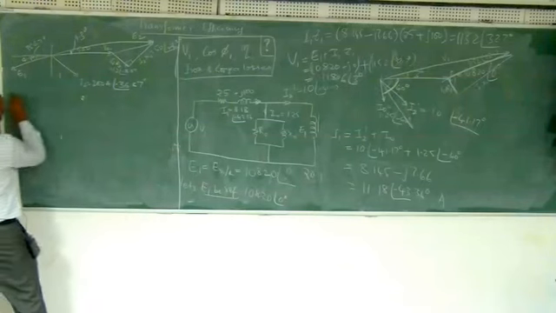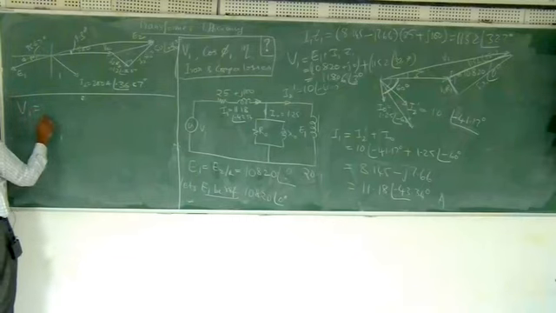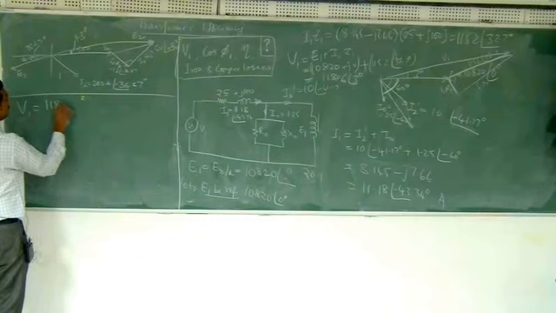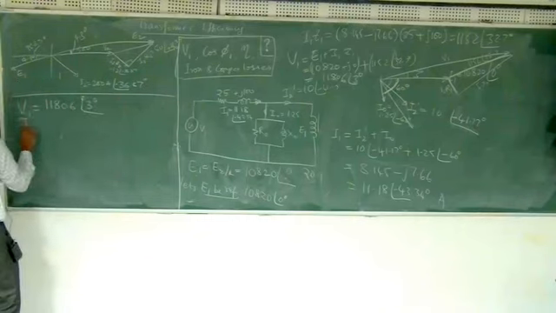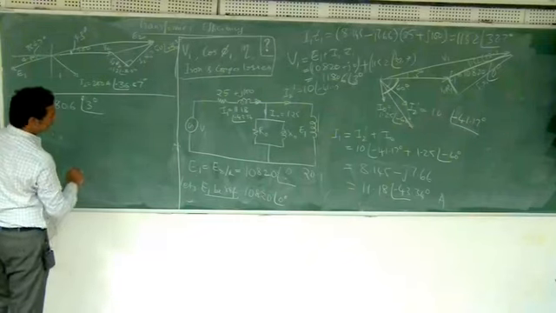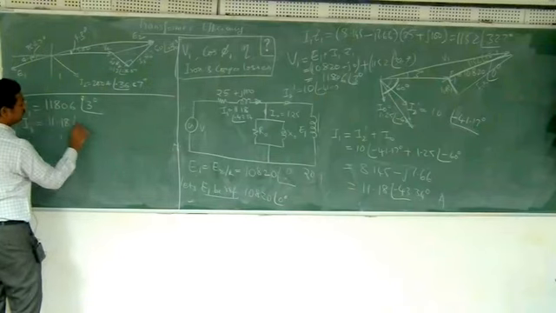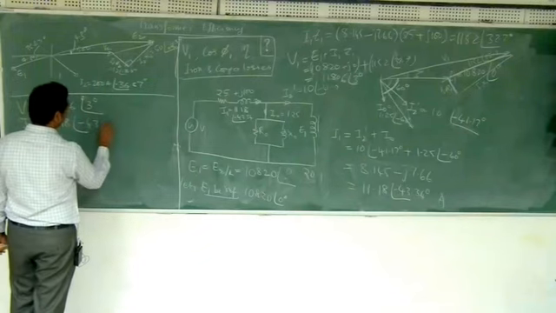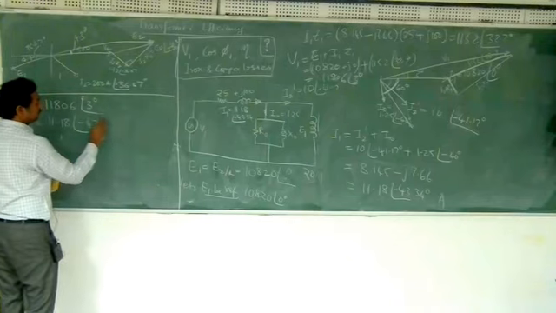So I am getting V1 equal to 11806 angle 3 degrees, I1 equal to 11.18 angle minus 43.34 degrees. In fact, we'll ignore this 43 degrees.